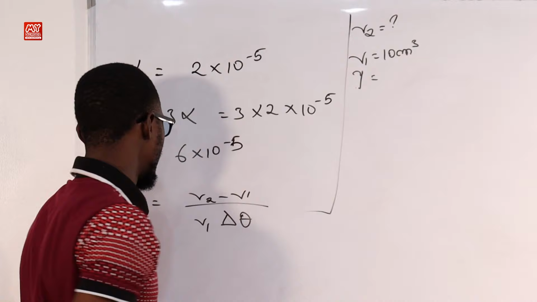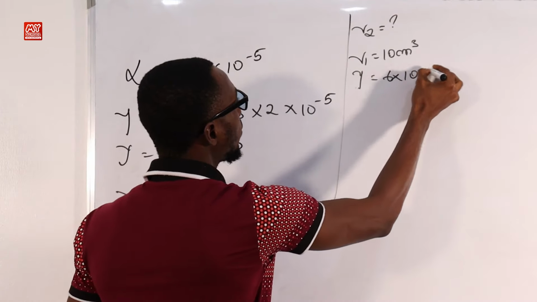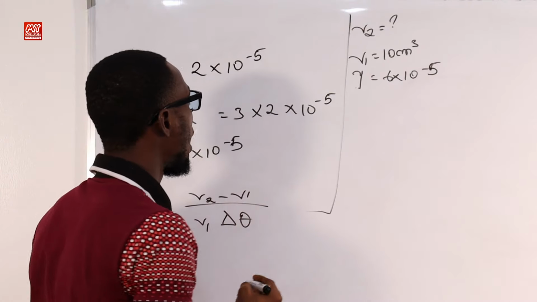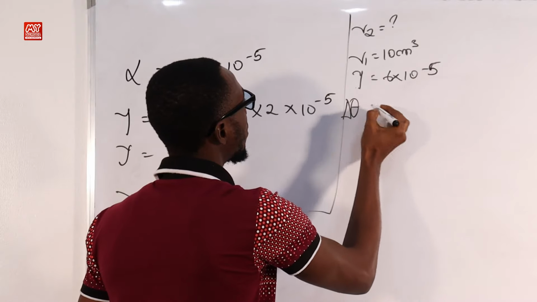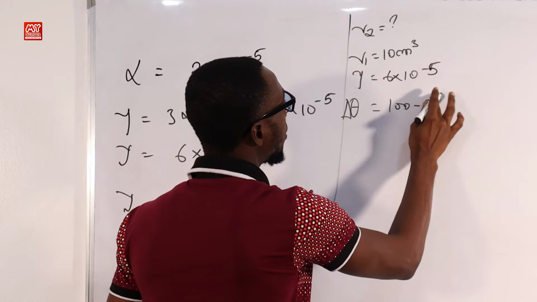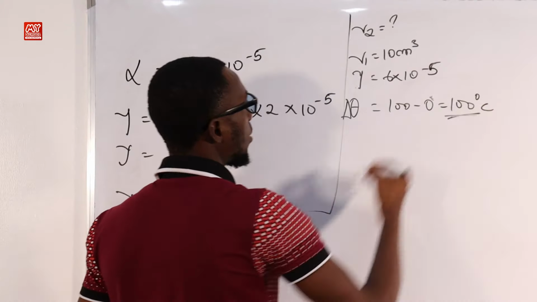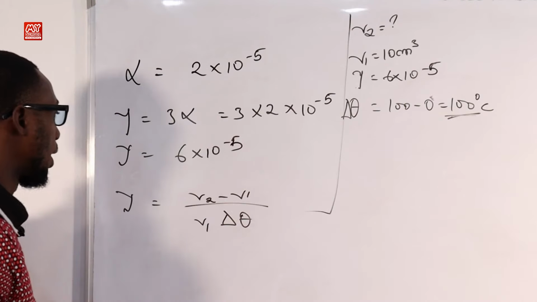Our cubic expansivity is 6 times 10 raised to the power minus 5. Then we also have the temperature difference, 100 minus 0 degrees, which is given in the question, and that still means 100 degrees Celsius.